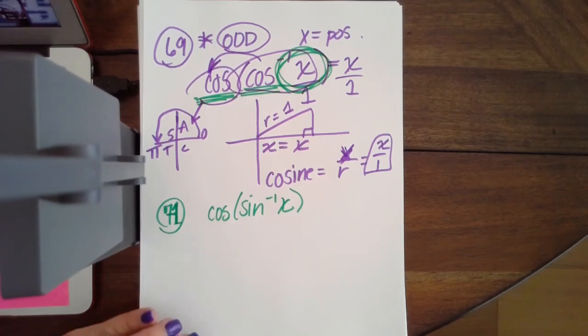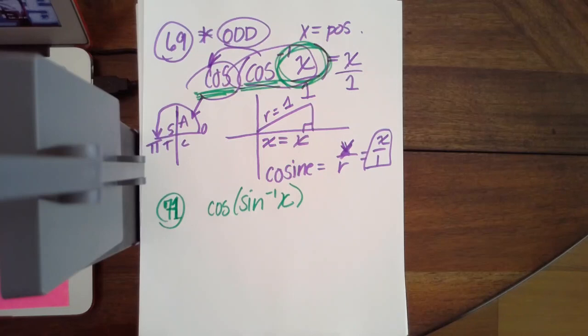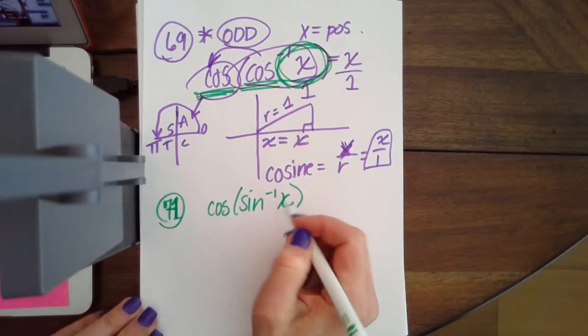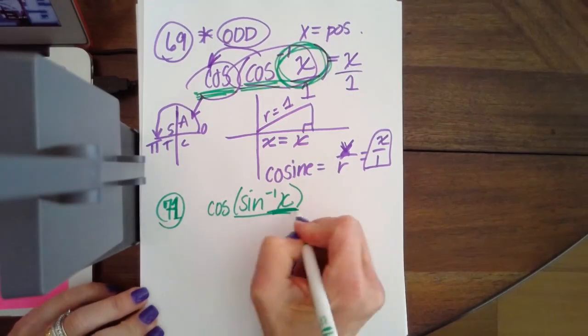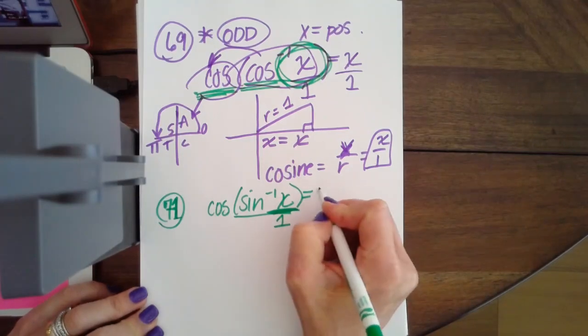Okay, now I'm looking at number 71, and we're to bring our ratio in terms of x only. So this one we're going to start with sine inverse, and we know that this is x over 1, and you know that the sine recipe is y divided by r.